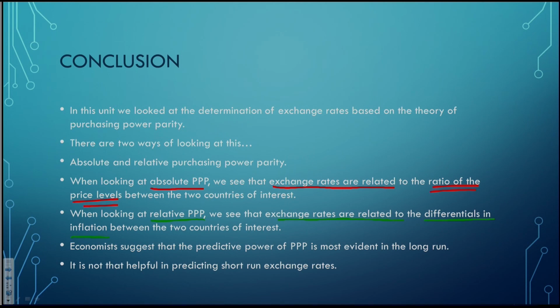So remember, this unit focused on the idea of long-run exchange rates, whereas our previous units were looking at short-run exchange rates. So we have one more unit to go. Again, continuing to look at what affects long-run exchange rates.